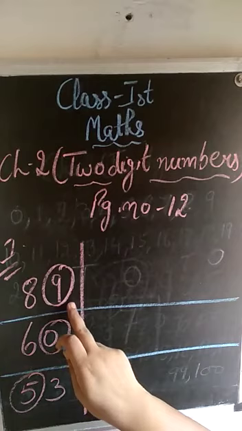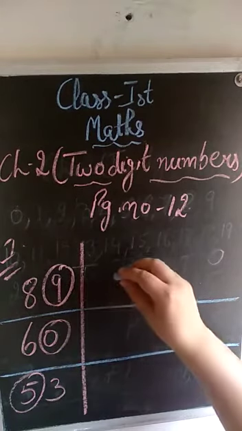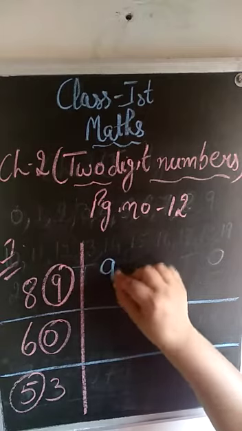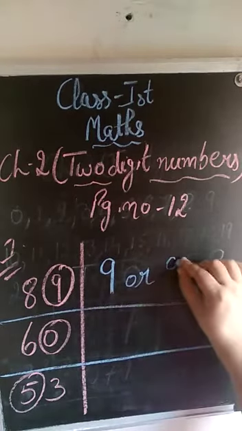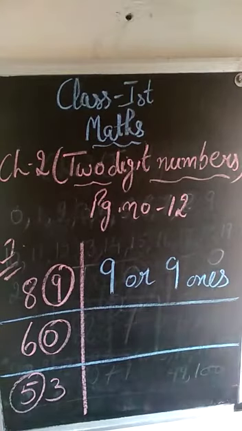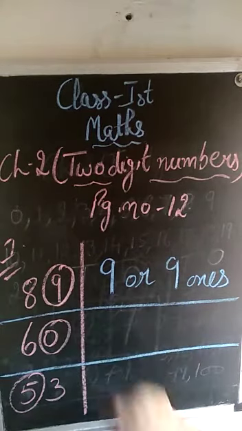So here, as the circled digit is at the ones place, its value will be 9. Its value will remain 9, or we can say 9 ones. So I will write it as 9 ones or 9.